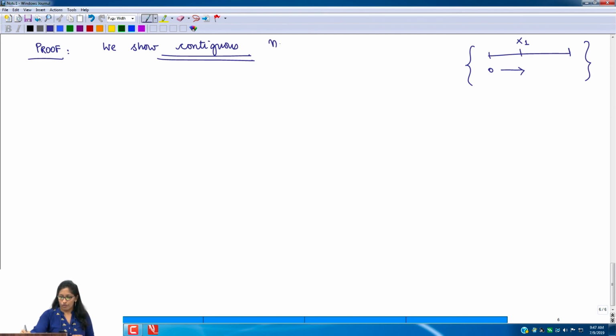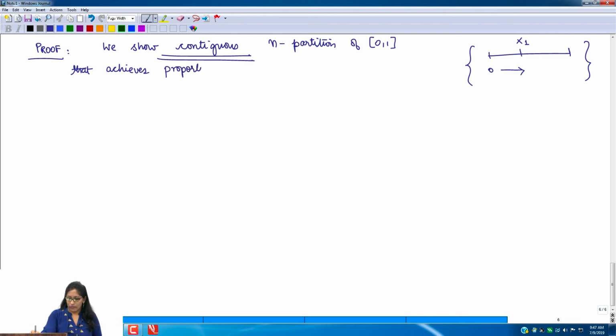So in particular, I'll show a contiguous n partition of the cake 0, 1 that does achieve proportionality even under the presence of one secretive agent.